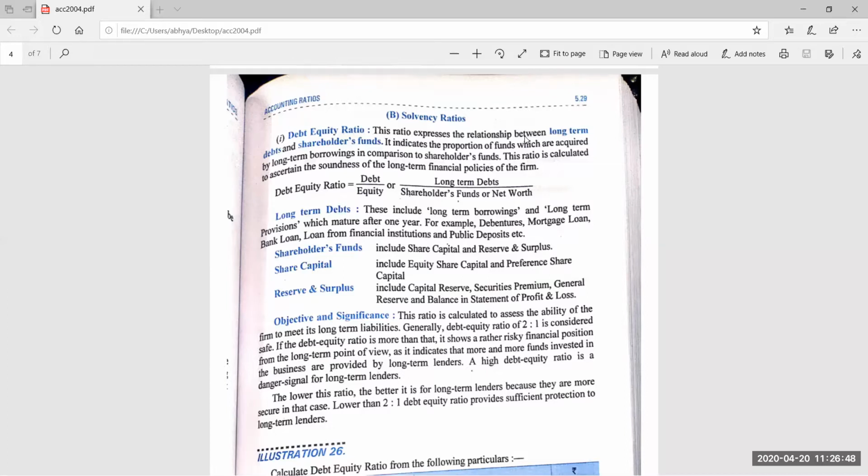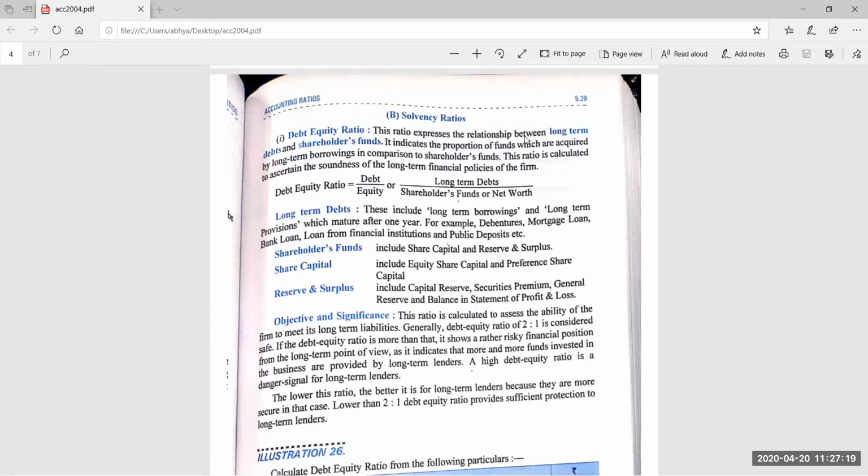Provision for warranty, provision for encashment of earned leave, provision for retirement benefits of employees like PF, Provident Fund, and provision for gratuity. And long-term borrowings means debentures, any loan, mortgage loan, secured loan, unsecured loan taken from a bank or any private financial institutions, and public deposits.